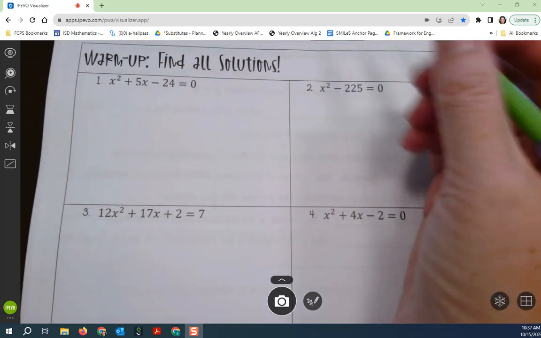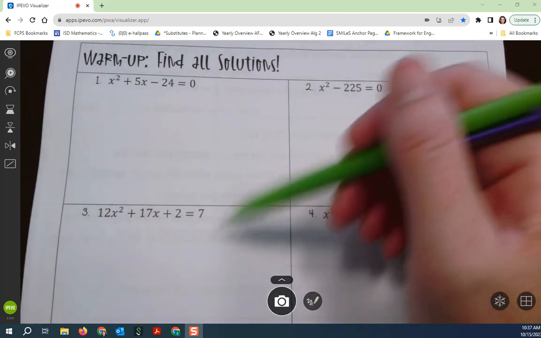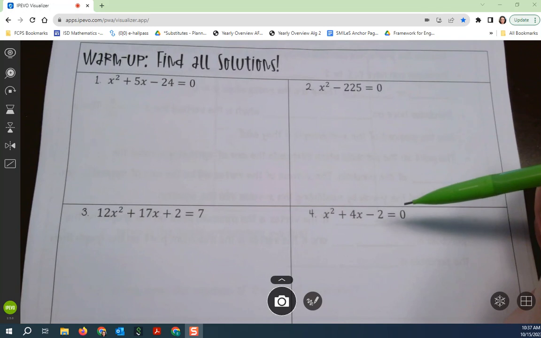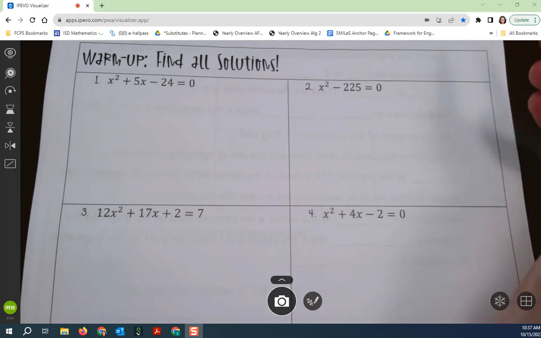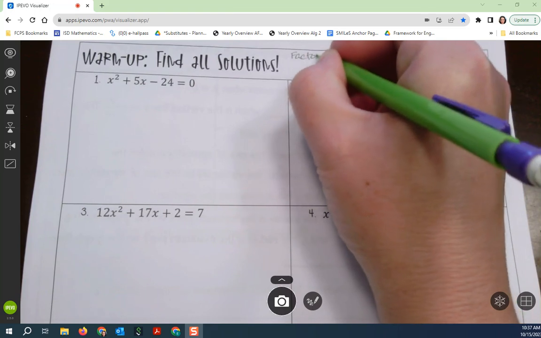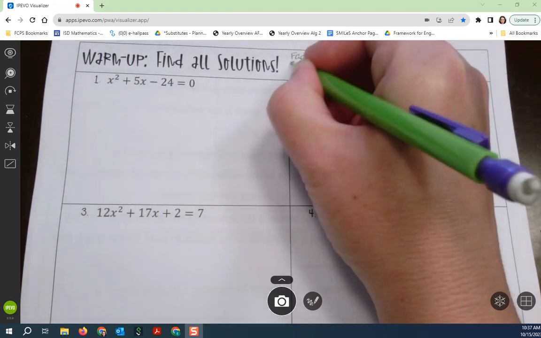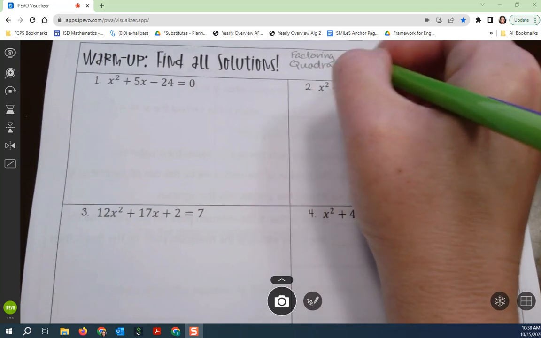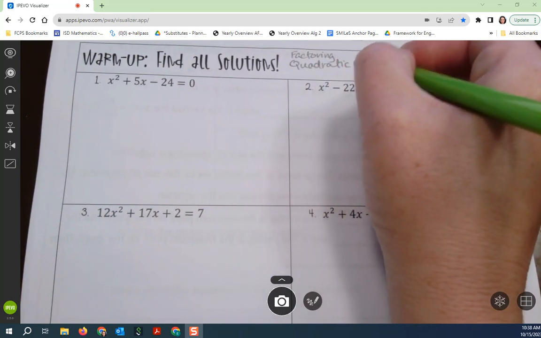So in the beginning, we're going to review solving quadratic equations, and you may remember from Algebra 2 that there are really three methods for solving quadratic equations. One is factoring, one is quadratic formula, and one is graphing.